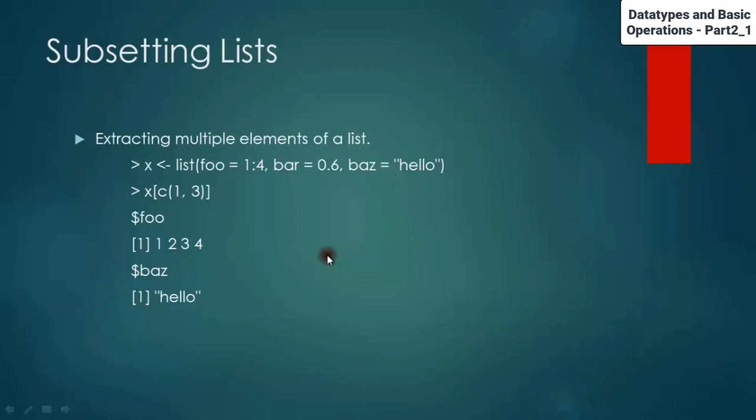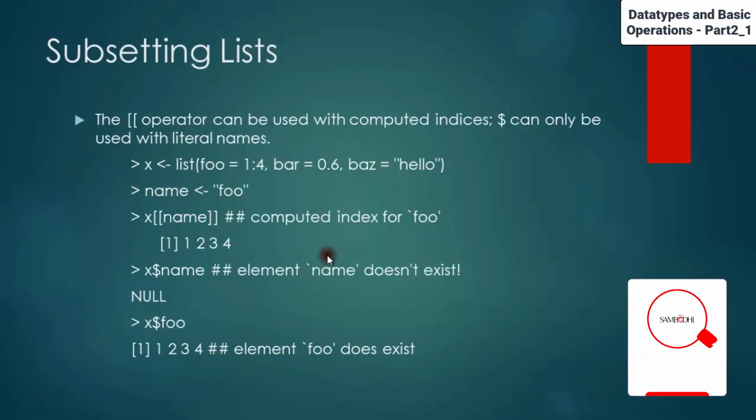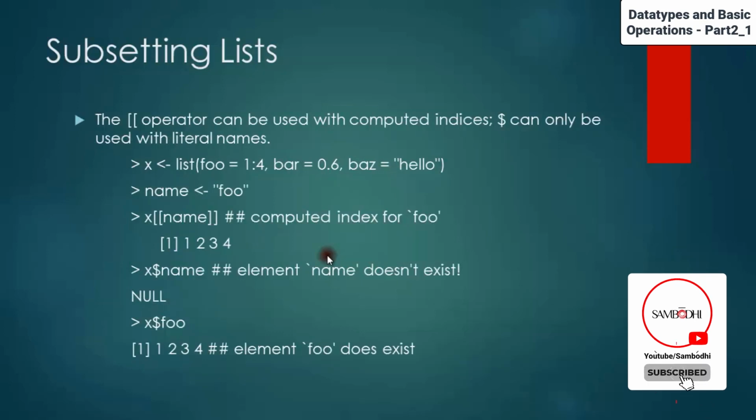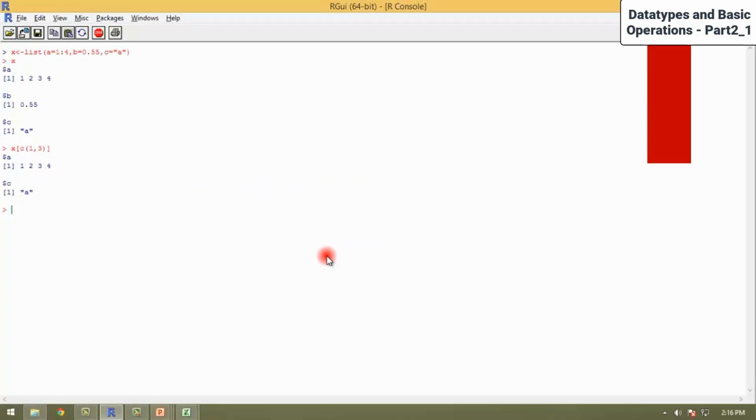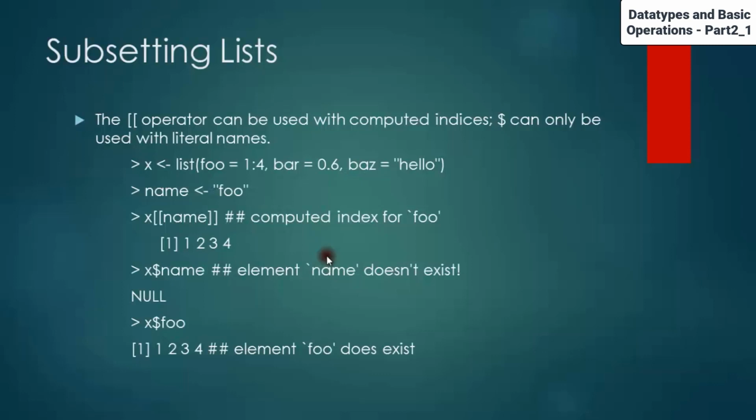Now moving on to the next part, the double square bracket operator can be used with computed indices. Dollar can only be used with literal names. For example, in this case, either it is $A or $C. This is the way we can use the dollar symbol, which can be used with names of the elements. But here you can use computed indices also.